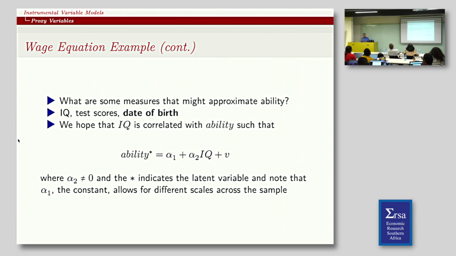Date of birth is actually treated as an IV, so I'll come back to this. But the idea here is that we think ability matters. We don't have ability, but we're going to try to capture something that's like ability, and use that. That's what we think of as a proxy variable.